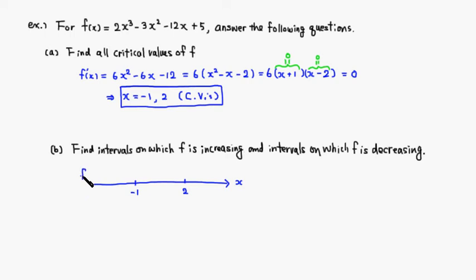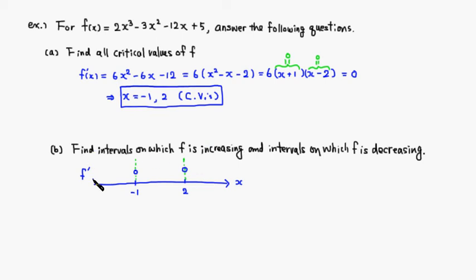We know that when x is negative 1, f prime is 0, so I'm going to put a divider there. At 2, the derivative is also equal to 0, because that's how we got 2. Then we need to determine the sign of f prime in between, on this interval, this interval, and this interval.